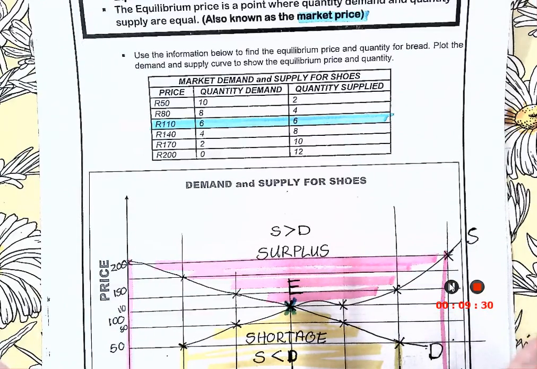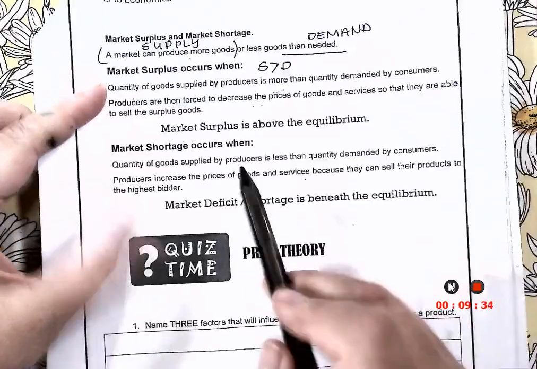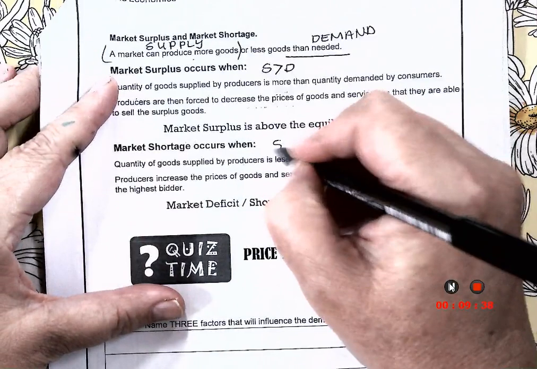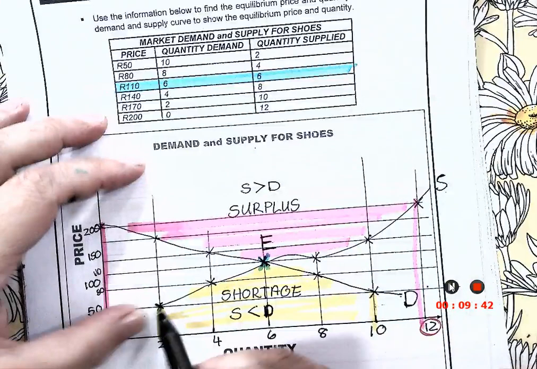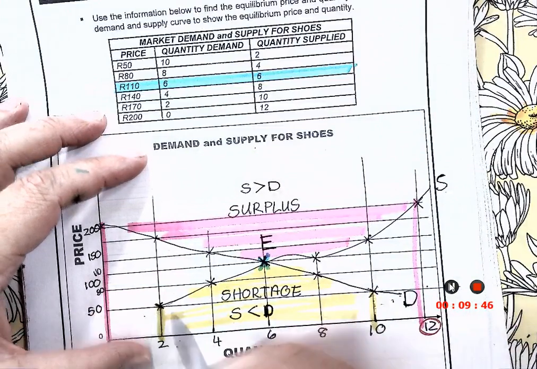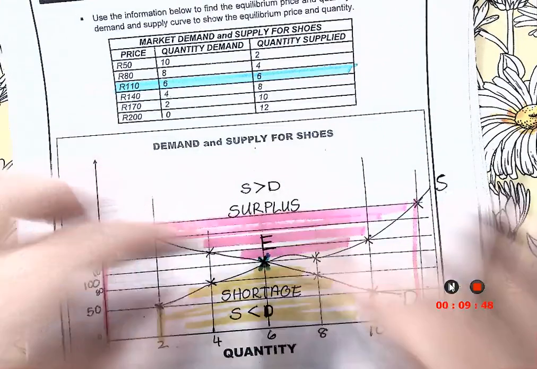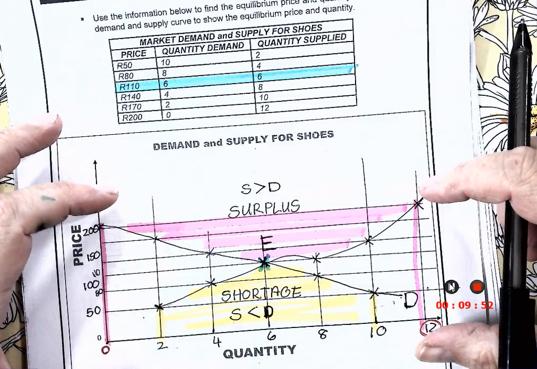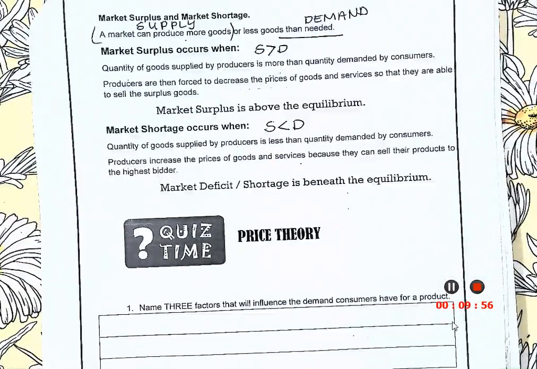The shortage is beneath the equilibrium, meaning when the supply is less than the demand, and it's only under the little roof. You're not going to color outside of the supply and demand curves. Okay. Any questions?